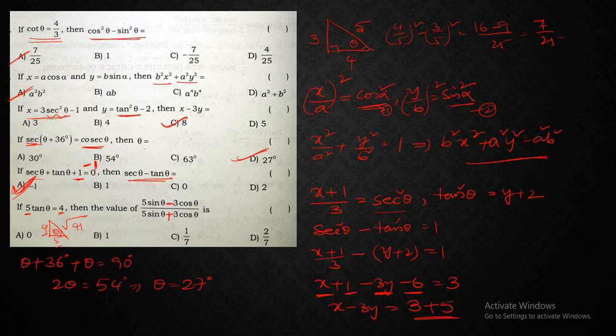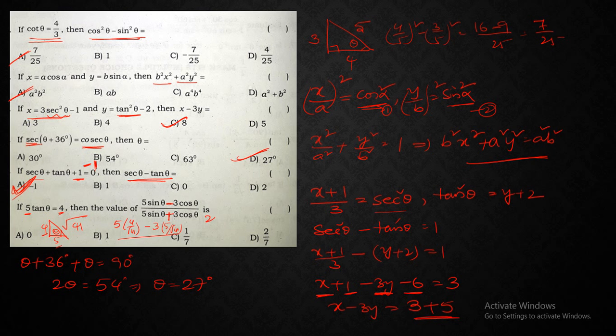Now from this, 5 sin theta minus 3 cos theta by 5 sin theta plus 3 cos theta. So this gives me 5 into 4 by root 41 minus 3 into cos theta is 5 by root 41 by, so if you observe here, root 41s will directly get cancelled because they will be in both numerator and denominator.